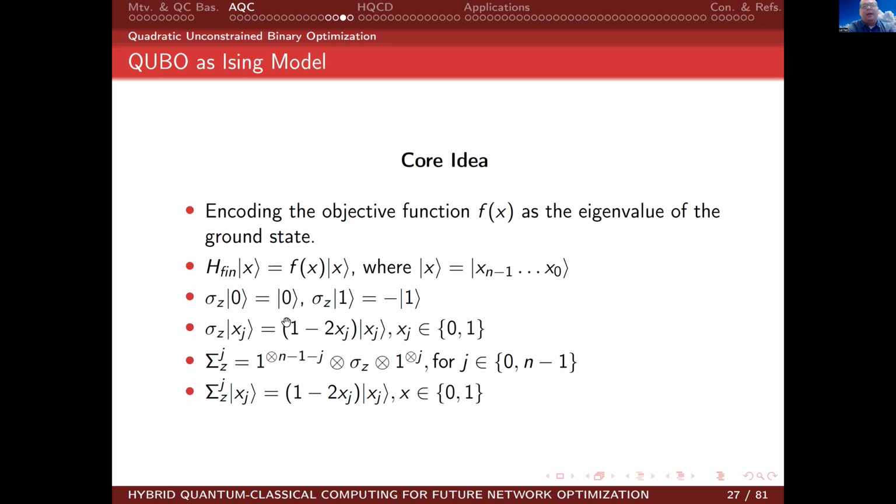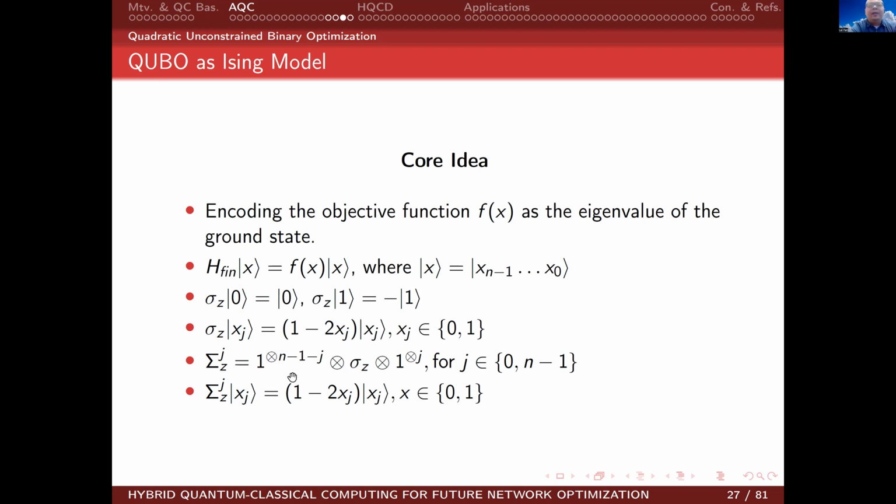Here we can further define more complex operations. For example, if we have n qubits, we might want to apply this Pauli Z operation only on the jth qubit.